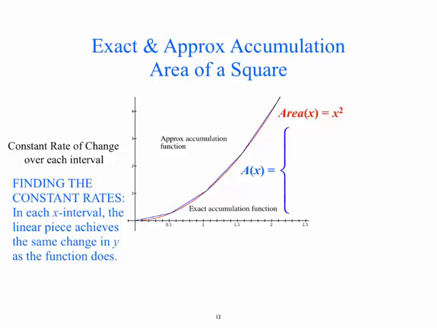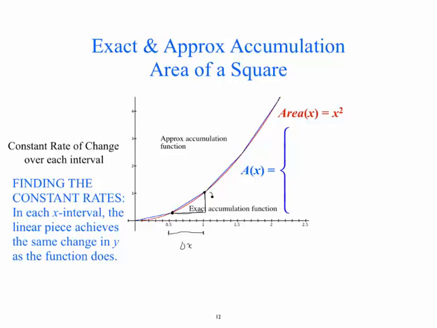The way we define these constant rates is that in each x interval, the linear piece achieves the same change in y as the function does. If I pick this interval right here from 0.5 to 1, delta x is 0.5, and that's the interval we're looking at. We get a constant rate of change such that the amount the function changes, the output, is the same for our linear piece as for the actual function.